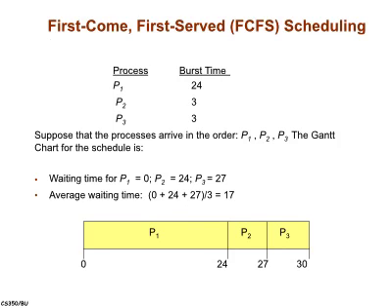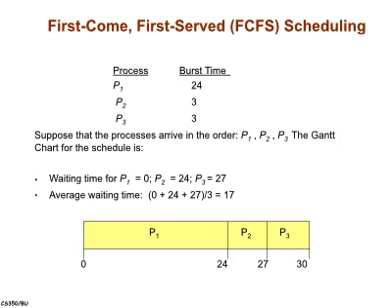The simplest CPU scheduling algorithm is called First Come First Serve scheduling. As the name suggests, whichever process arrives in the ready queue first gets to go first. It doesn't matter how long the process will take to execute on the CPU. As long as the process comes first, it gets to execute first. In this example, we have three processes, P1, P2, and P3. P1 takes 24 units of time.